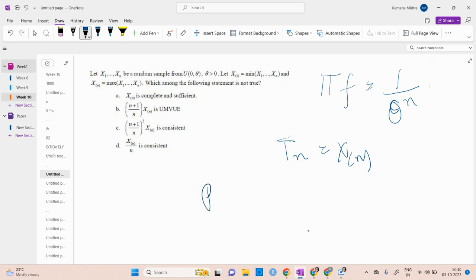So the probability that the absolute value of Xn minus theta is greater than epsilon.